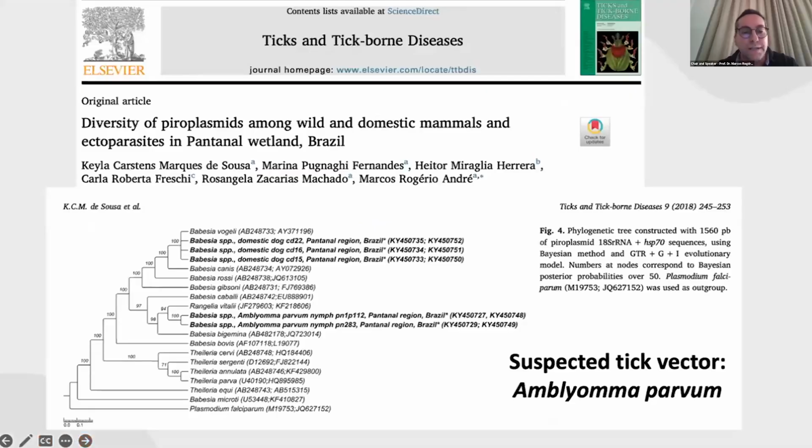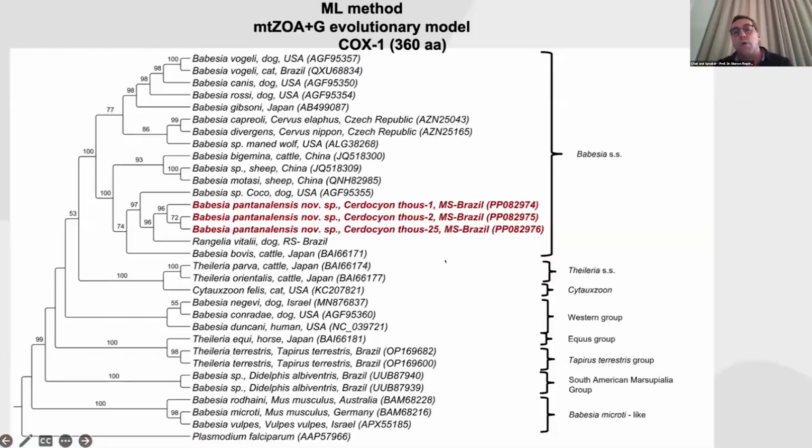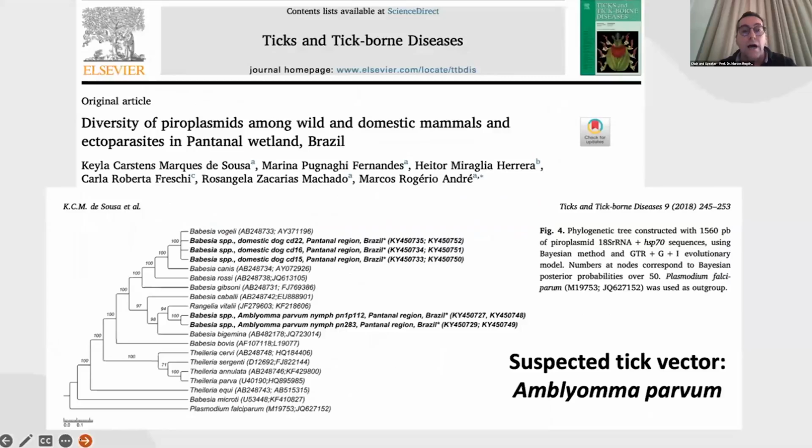So based on distinct molecular markers, we named it as a novel species of Babesia in an area where we cannot find Amblyomma aureolatum, which is the vector for Rangelia vitalii. What about the suspected vector? So we suspected that Amblyomma parvum is the vector of this novel Babesia. Why? Because 10 years ago, we performed a study in the Brazilian Pantanal, and we collected ticks from wild rodents.